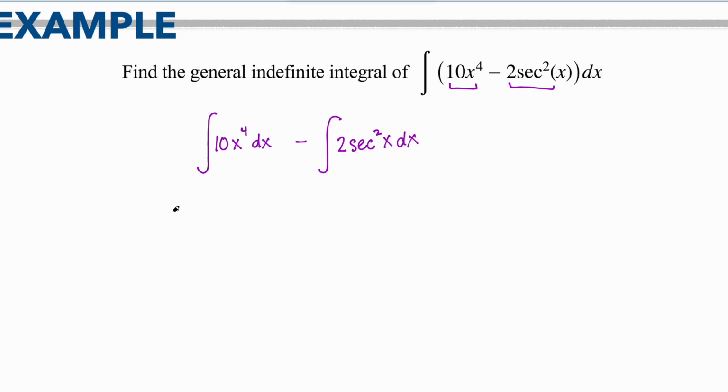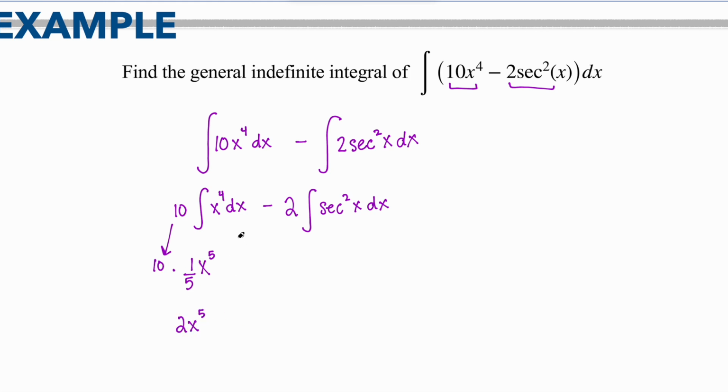I can break them apart, and I can even go a step further by taking the constant out front. X to the 4th becomes an x to the 5th, but I have to offset it with a 1/5. Because there was a 10 in front, this 10 and 1/5 give me a 2x to the 5th.